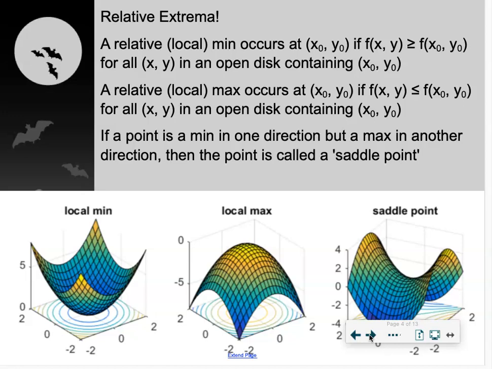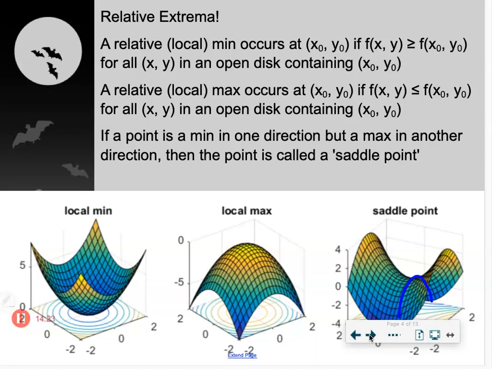Saddle points are new. Well, we've talked about these already, right? A saddle point is both a max and a min all in one point. So you have to be able to visualize it. If I'm looking this way, then this point is the min. But if I'm looking that way, it's the max.